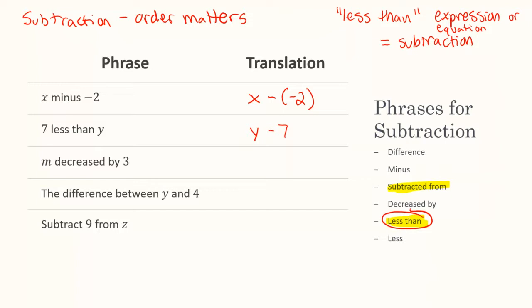If you've ever learned a foreign language, sometimes some languages, like I took Latin in high school because I was a big nerd and I wanted to do something different. And Latin always puts your verb at the very end of the sentence. So it's like reverse Yoda, I guess.